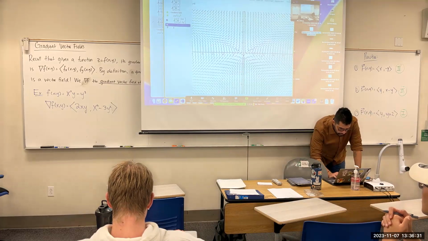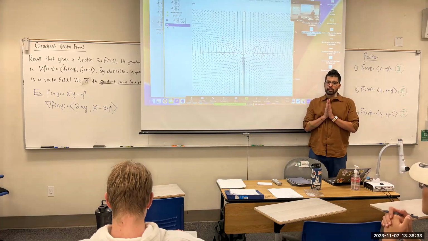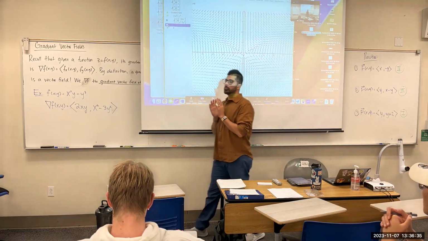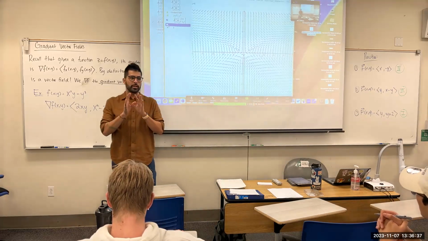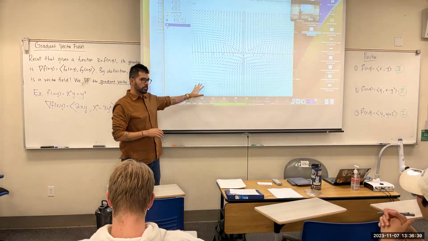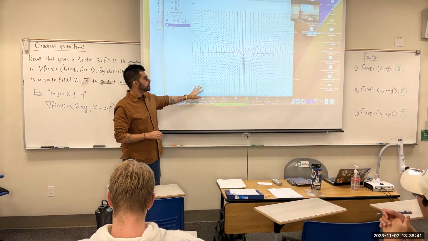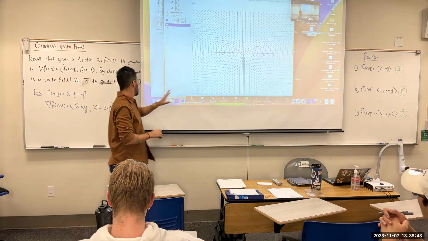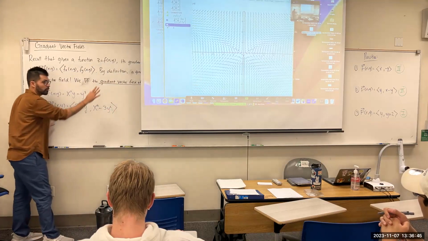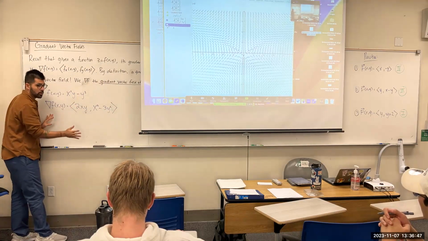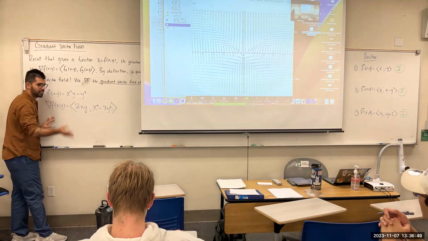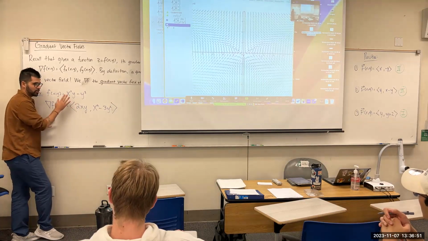Let's see what do I have here. Okay. You guys remember what was the relationship between the gradient of the function, all those vectors, and the level curves? That's it, right? And the level curves of the function.